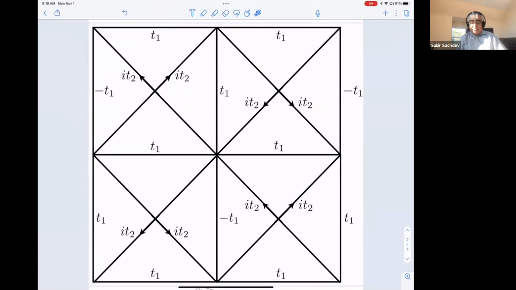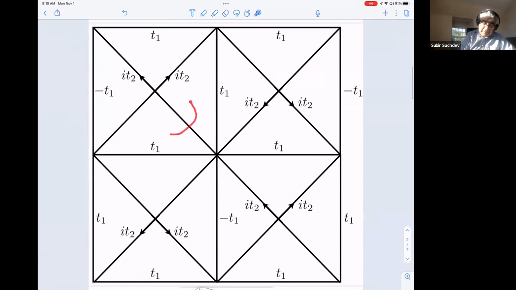So here's a mean field Hamiltonian with these hopping matrix elements. Some of them are real. I mean, the horizontal and vertical bonds are real, and the diagonal bonds are imaginary. And these are all chosen so that if I go anti-clockwise around any triangle, I always pick up the net factor minus i.